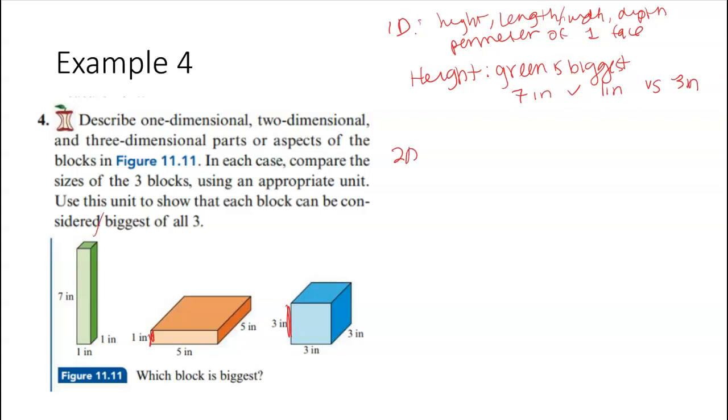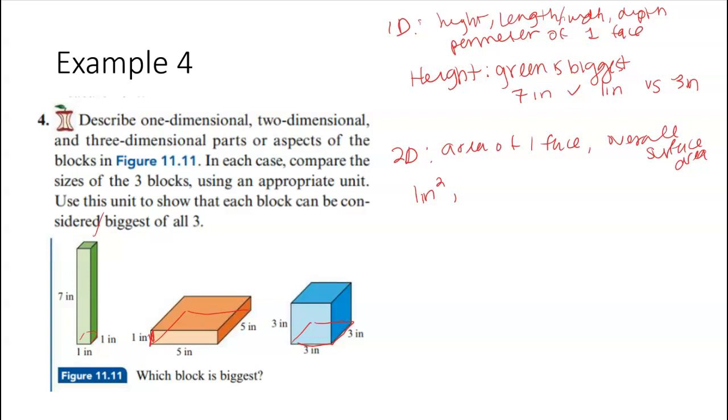Okay, now let's look at two-dimensional. Two-dimensional could be the area of one face, or the overall surface area. You could find the area of all the faces and add them together. If I just look at the bottom face of each of these, this green bottom face would be 1 square inch, 1 by 1.